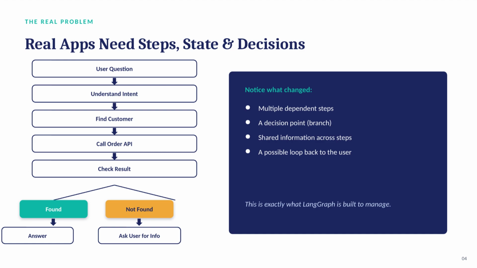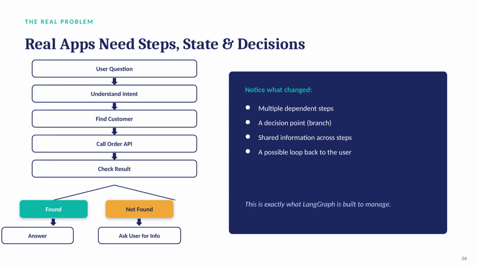Imagine we're building an AI customer support agent, and a user asks, "Where is my order?" To answer that properly, our system needs to do several things. Understand what the user actually wants, identify the customer, call an order management API, check the order status, decide how to respond.